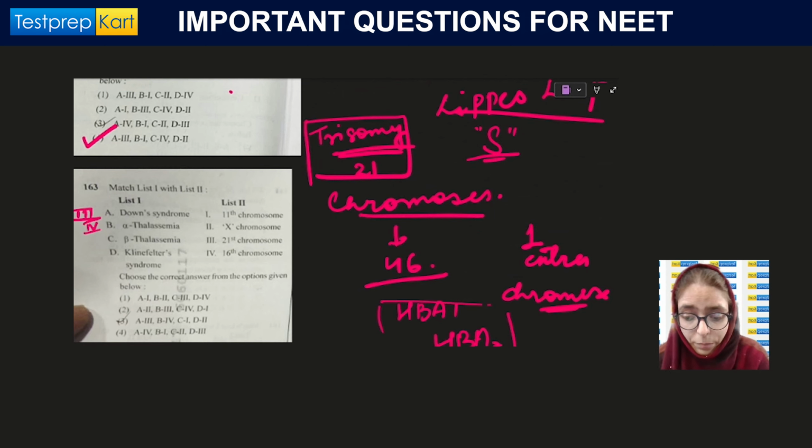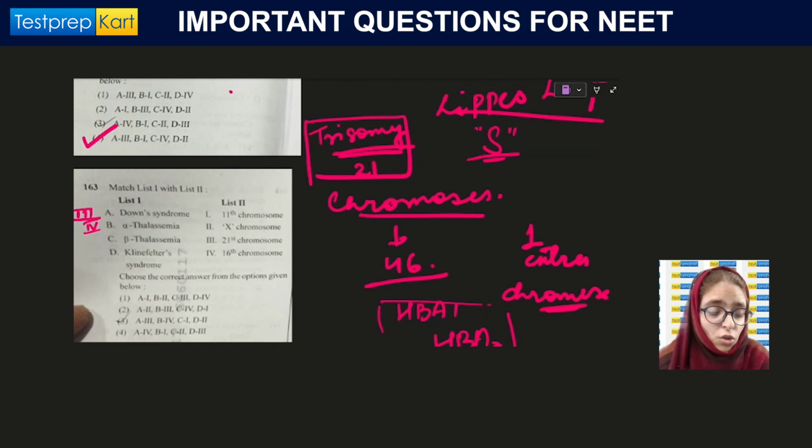Beta thalassemia is also an inherited blood disorder in which the body doesn't make as much beta globin as it should. It is caused when mutations occur in the beta globin genes. These genes are located on the 11th chromosome.